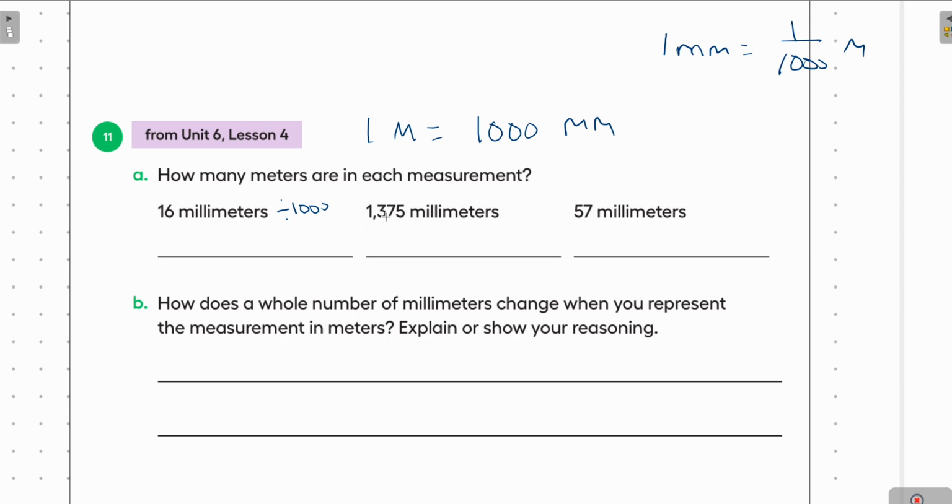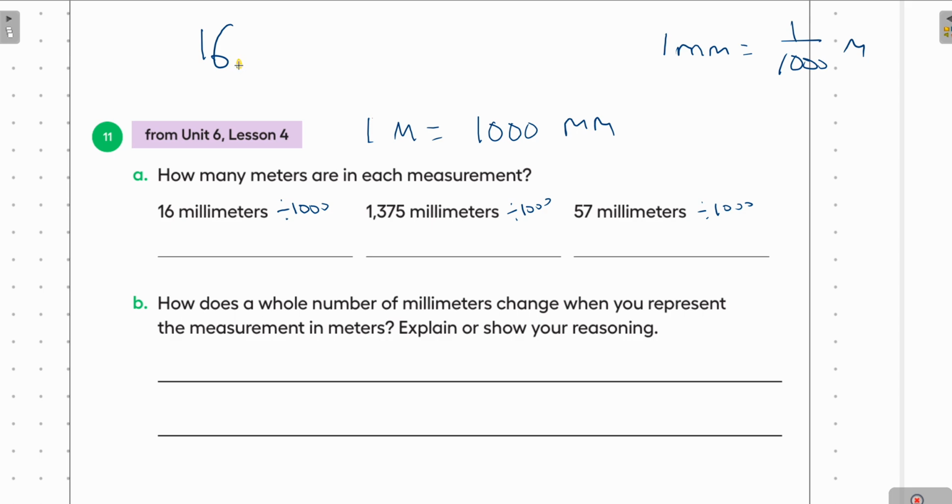Okay, this is 1,375 millimeters divided by 1,000. 57 millimeters, that's gonna be divided by 1,000. So when we are dividing a number by 1,000, that means that the digits are shifting 3 places to the right because each digit is becoming smaller.